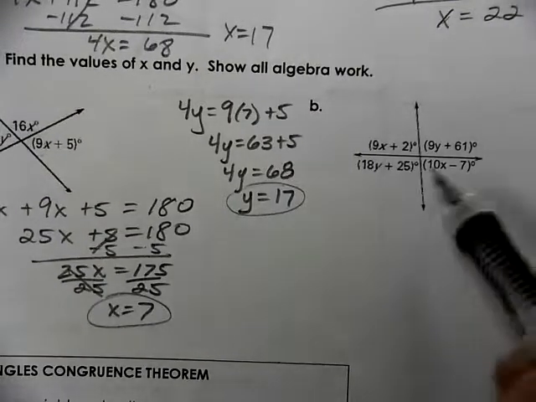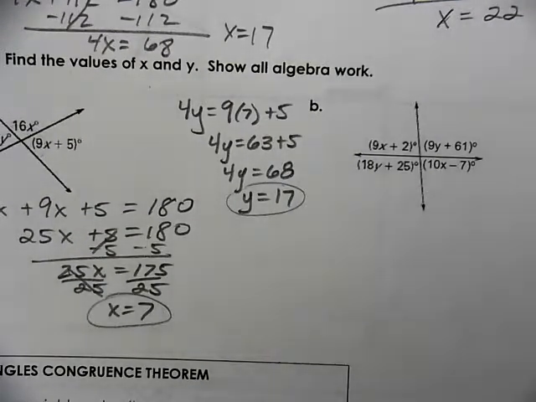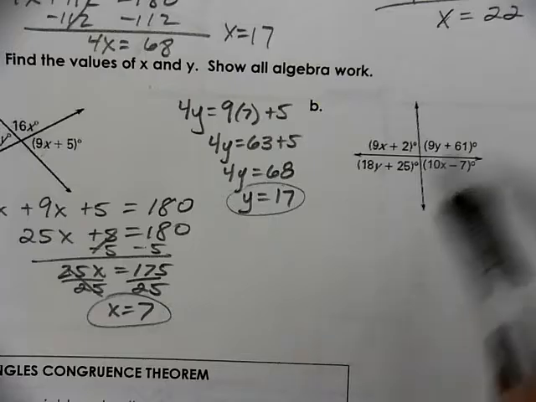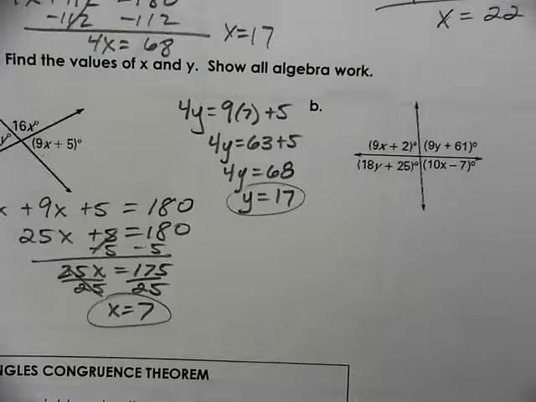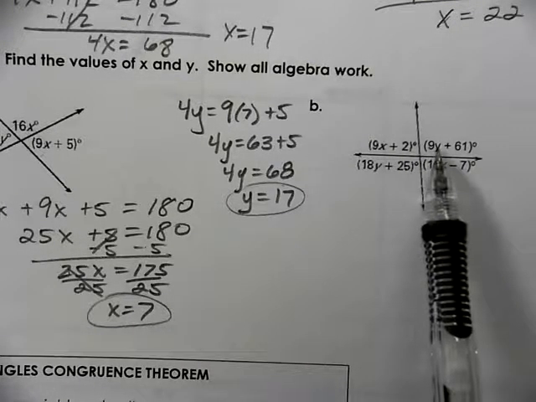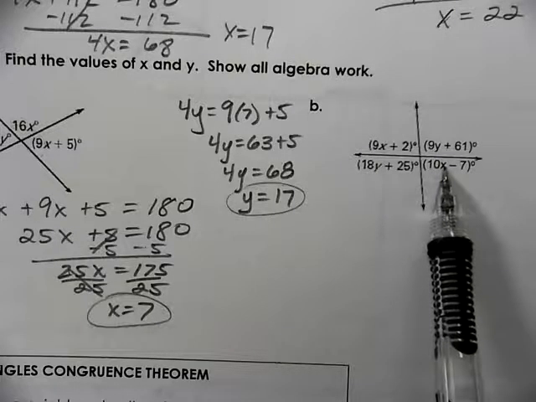What relationship, which angle should we look at here? Should we look at the ones next to each other? Should we look at the ones across from each other? You have to get good at recognizing which set to work with. Notice that next to each other, one has an x, one has a y. One has a y, one has an x.